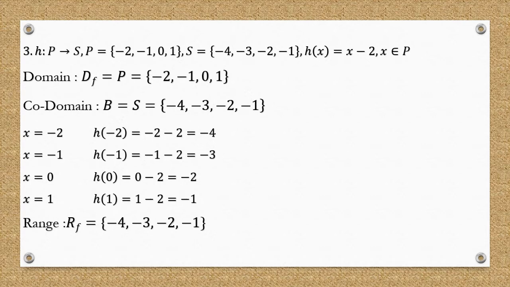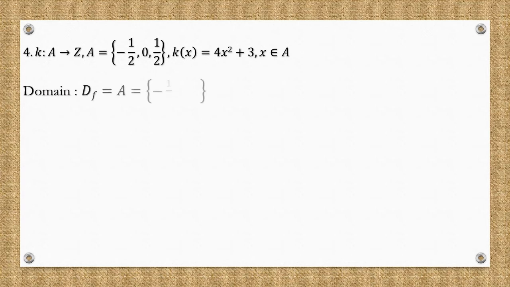Okay, so this range here at the bottom must always belong to the codomain here, that is -4, -3, -2, -1. Codomain may be greater, but it cannot be less. Then it ceases to become a function.